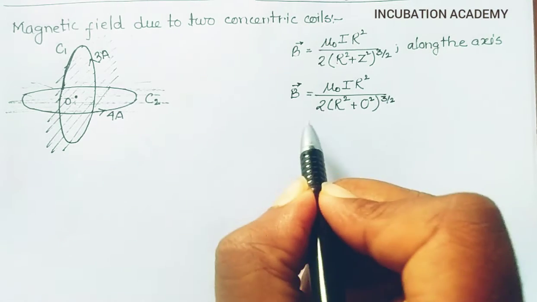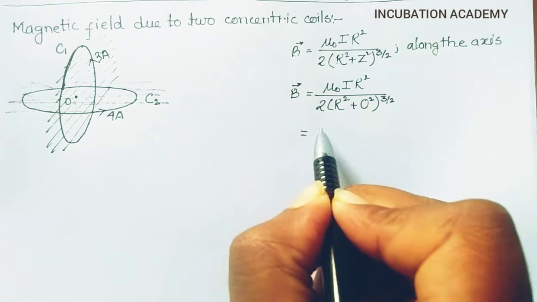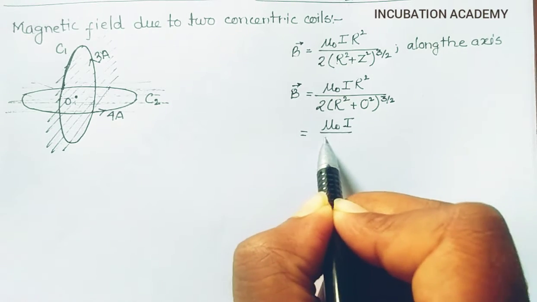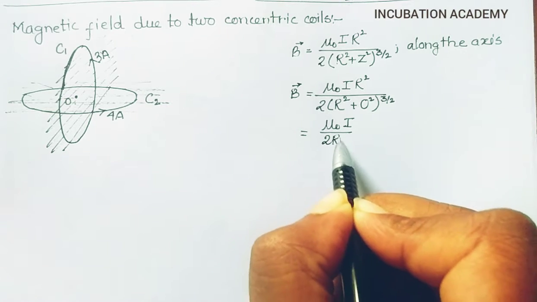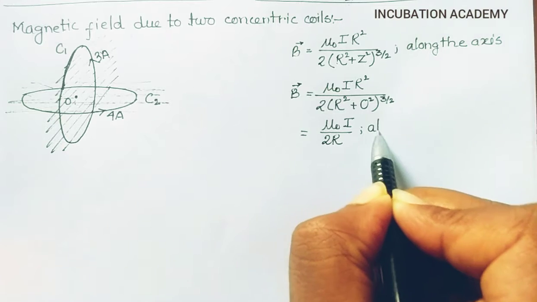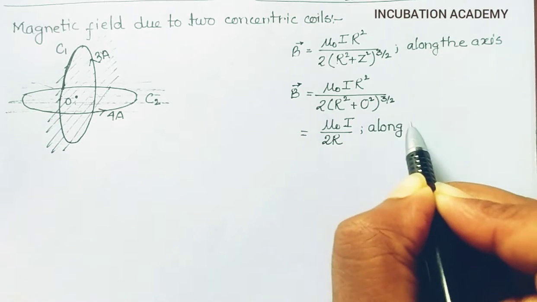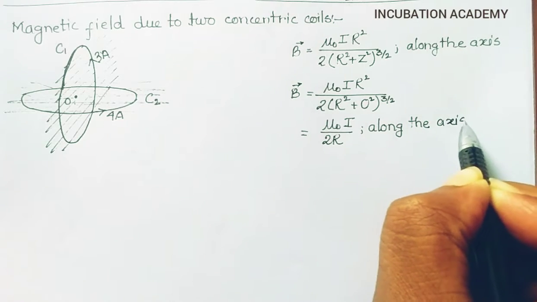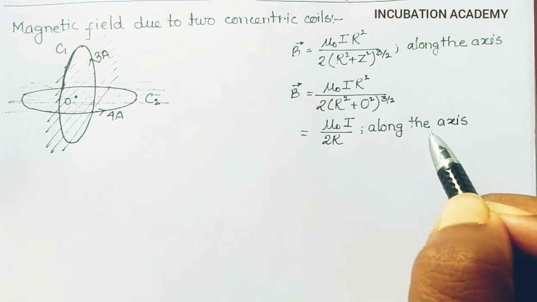It is along the axis, perpendicular to the plane, and depends on the direction of the current flow, clockwise or anti-clockwise.